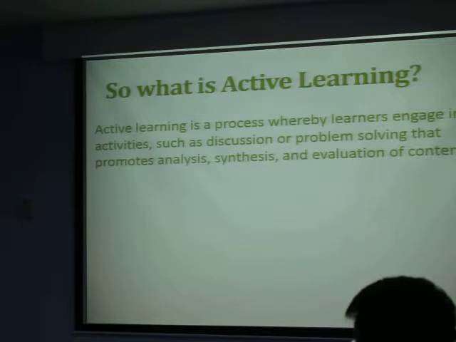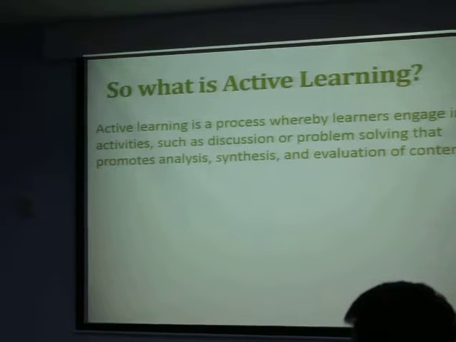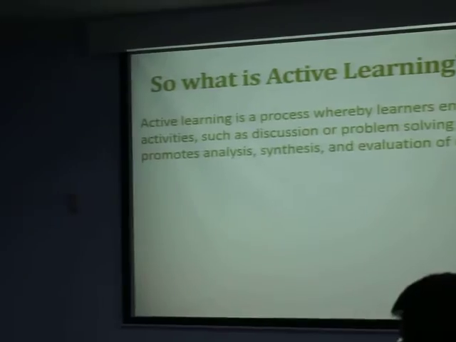So active learning, what is it? Well, as you've seen with the different activities that you do, it's something that engages all of you. The conversation moves from me to you, and you're interacting with one another, and also with me, but in a way that engages your attention and enables me to understand that you understand and you follow the issues.